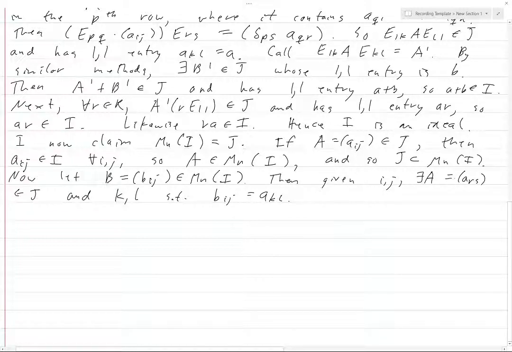Okay, so A is ARS. I'm just going to leave the RS. So now A depends on Aij, and then K and L from the last sentence also depend on Ij.